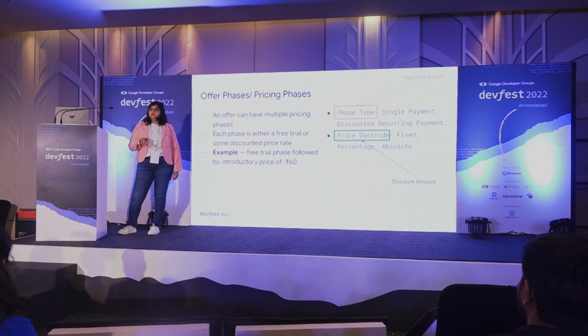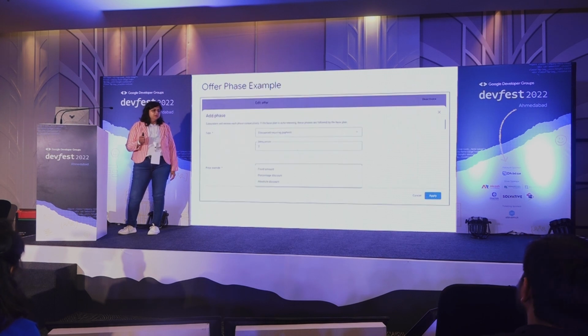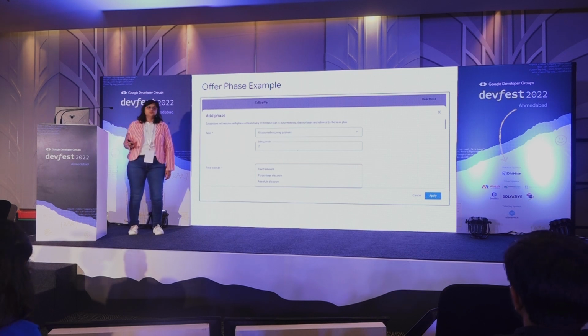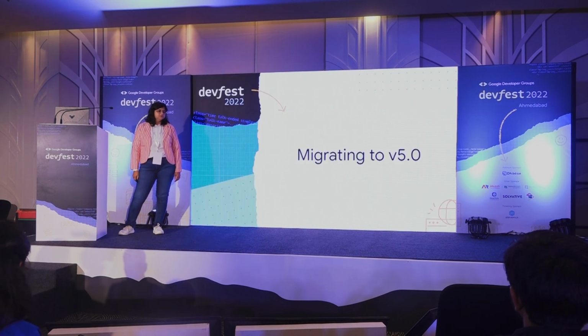And absolute is an absolute value, like say 100 rupees off or 120 rupees off. So this is the basic structure of how offer phases are used. The type, as we mentioned, the billing period, how many billing periods you want your users to avail the discounted offer. Fixed amount, percentage, absolute, as we saw.